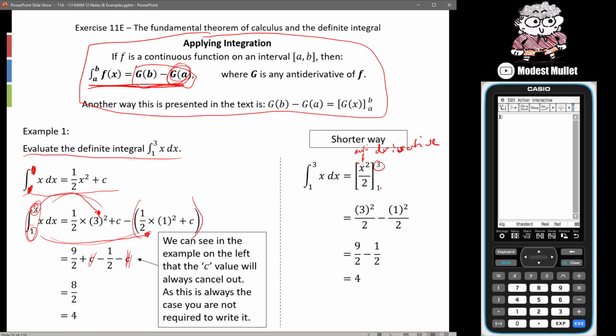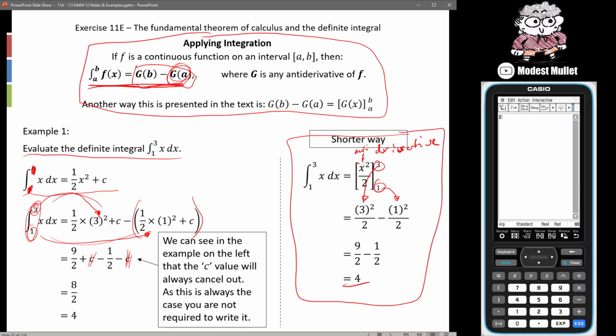Put in square brackets and we put the 3 and the 1. That's saying we need to substitute the 3 and the 1 into it. So we substitute the 3 into it, we substitute the 1 into it, simplify, and we get the same answer as 4. Okay. And I'm pretty much always going to do this way.